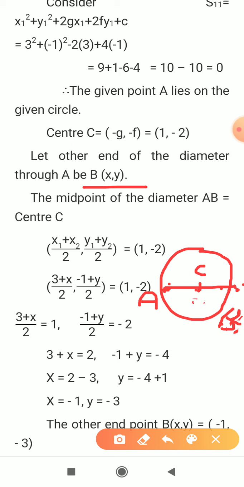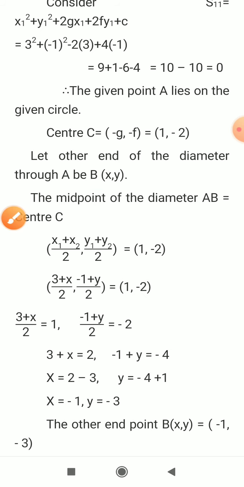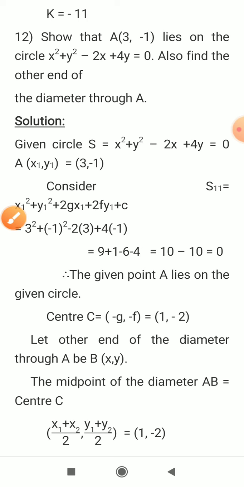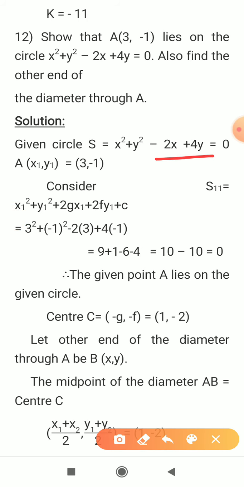So first we find the center C. C is nothing but (-g, -f). In our circle equation, 2g is equal to minus 2, 2f is equal to 4.